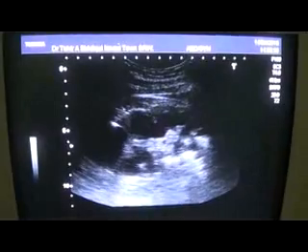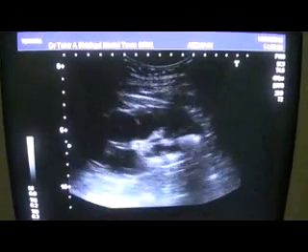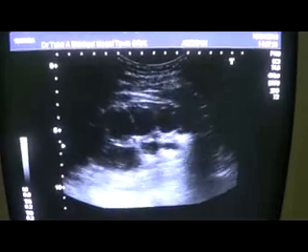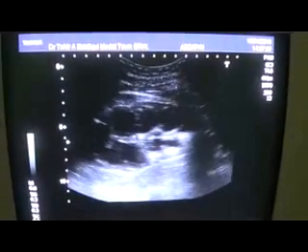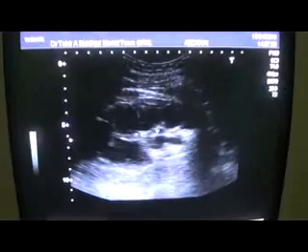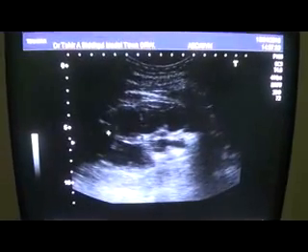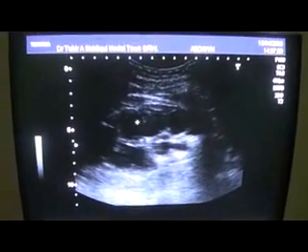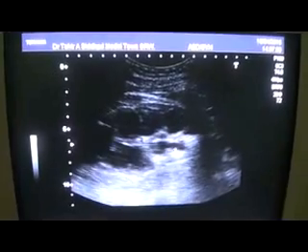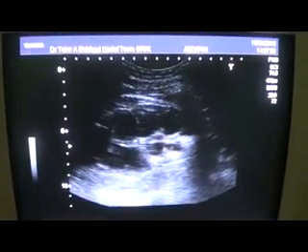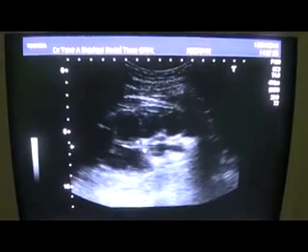So these are all in fact not cysts, rather they are dilated calyces. These are upper pole dilated calyces, middle region, posterior, and this is this minimal hydronephrosis that you are seeing.